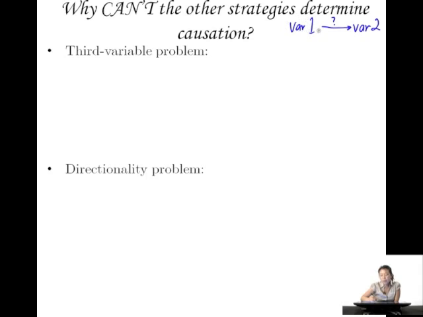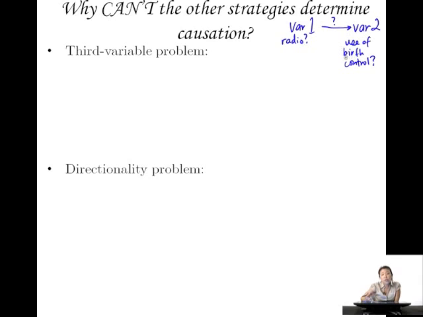So that might be variable 1, radio, and variable 2 might be something like use of birth control. And we want to know whether one variable causes the other.